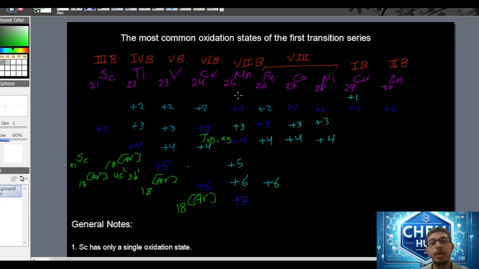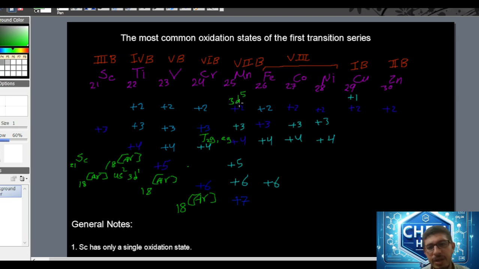How about manganese? Manganese 2 positive is one of the most stable oxidation states actually, because you would get 3d5, and 3d5 electronic configuration is a half-filled sublevel, and when you have a sublevel half filled with electrons or completely filled with electrons, that means you have a stable sublevel.